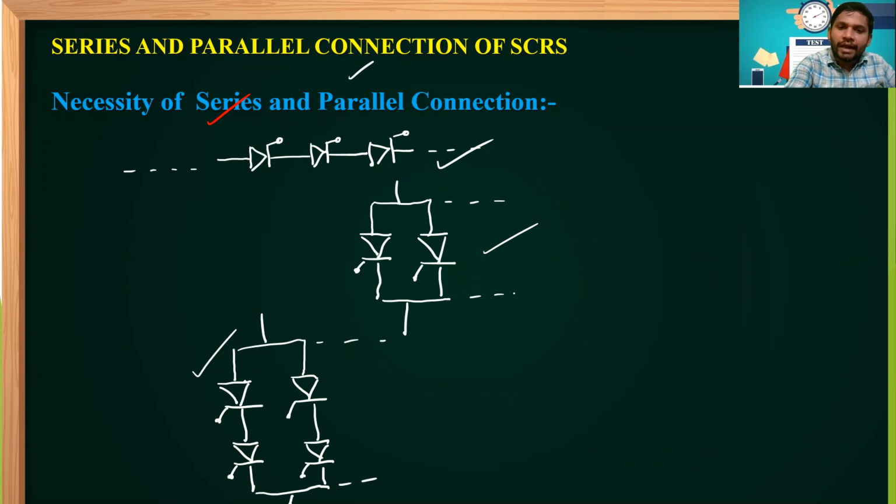Now students, here I want to give the definition of string efficiency. The string efficiency is denoted by eta. The definition of string efficiency is, students please concentrate, it is the measure of degree of utilization of SCRs in a string. Please note this down.